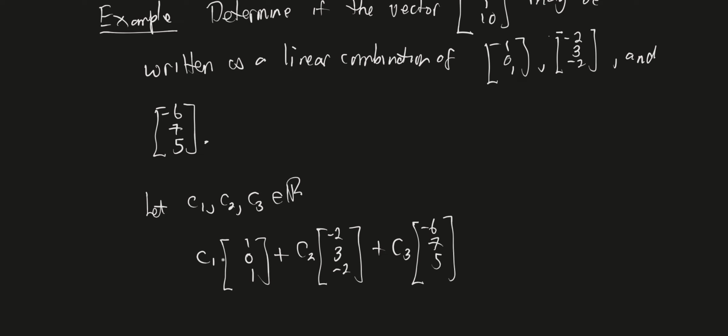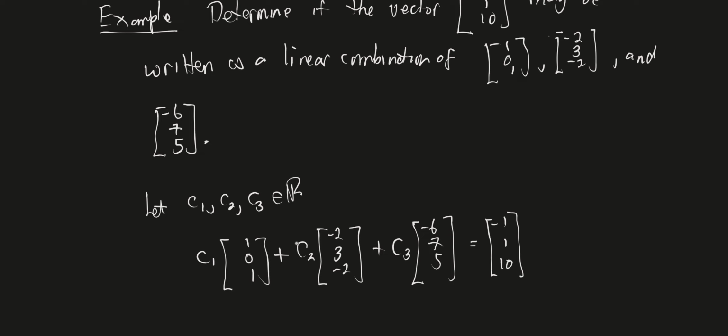If I can find scalars where I perform this linear combination and I get this vector -1, 1, and 10, right? If we can find scalars that would satisfy this, then yes, the answer to this question is this vector can be written as a linear combination of these three.